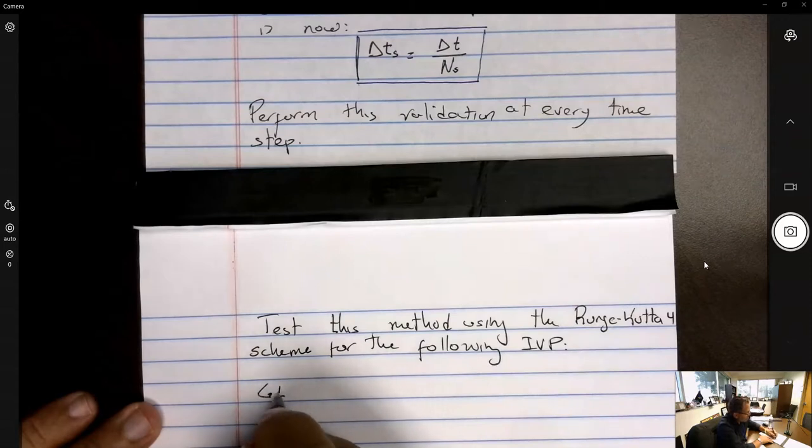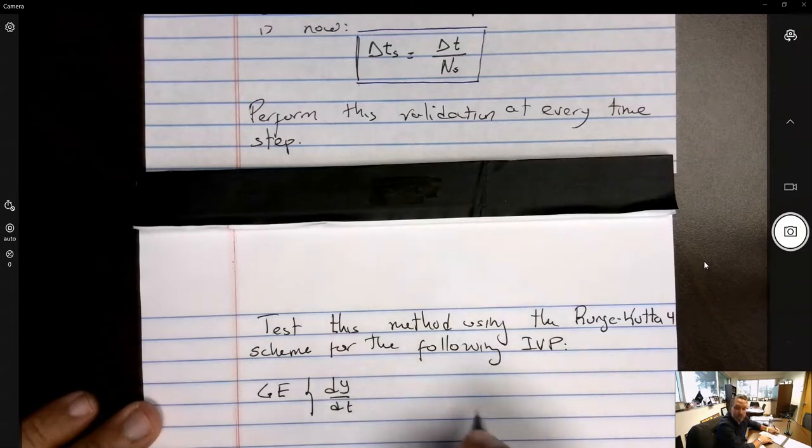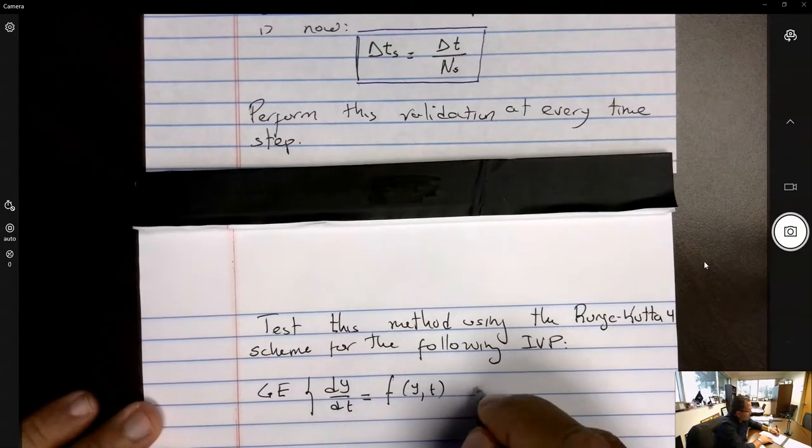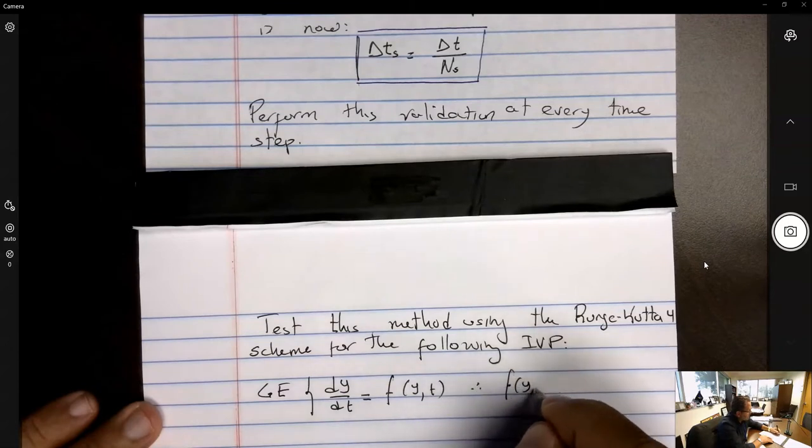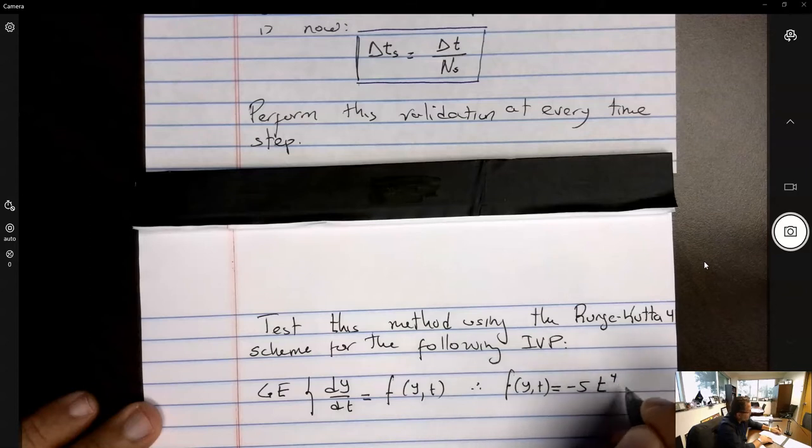So we have a governing equation that is first order in time, such that this function y of t is minus 5 t to the 4 y squared.